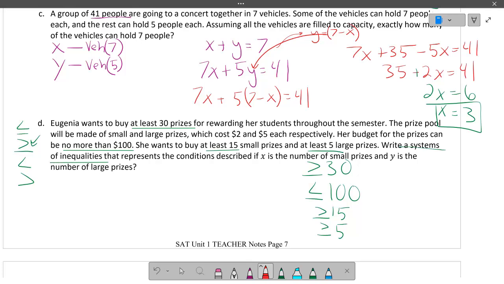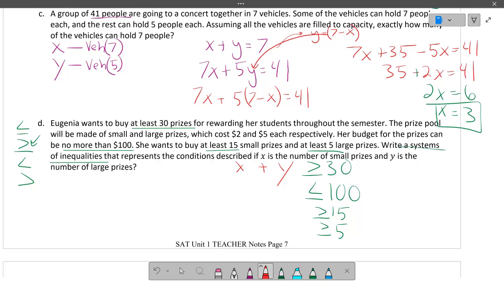What am I adding together? Okay, so what's that expression going to be then? What represents small prizes? And what represents large prizes? So what expression would represent me combining x plus y? That's it. X plus y.